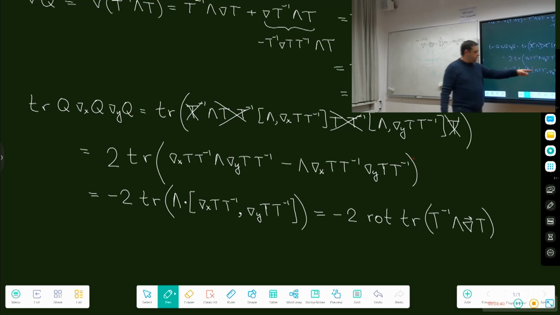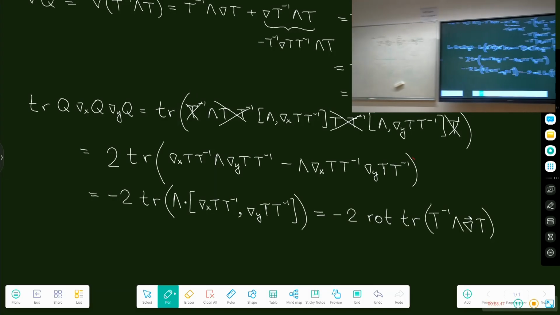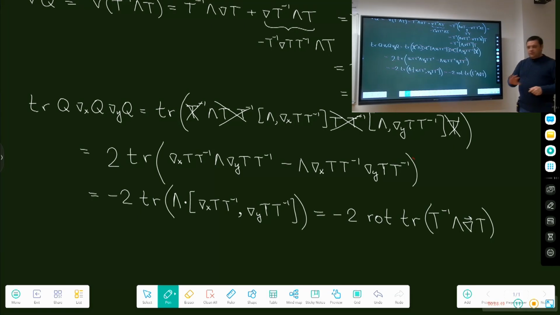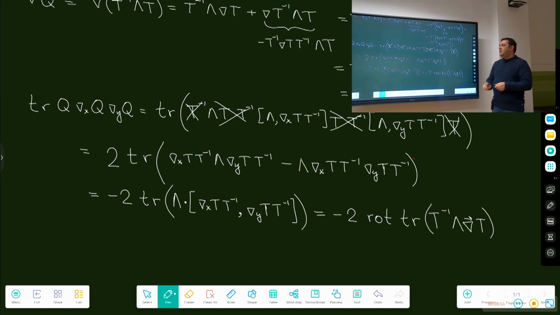And if you apply a second derivative, so rotor is some derivative of this object. There is no need to take twice the same derivative here, because rotor of gradient is 0. Rotor of gradient is 0. Yeah, that's a nice point.